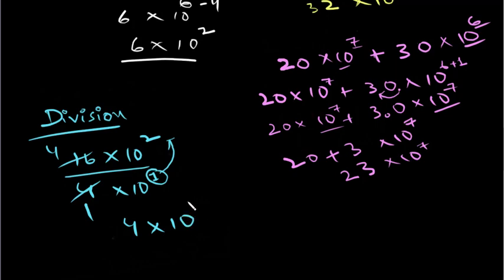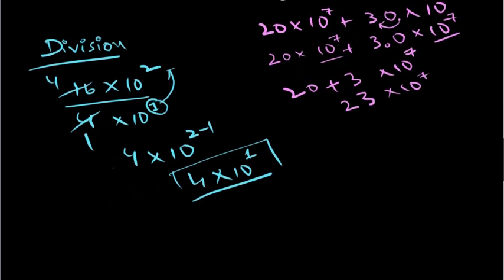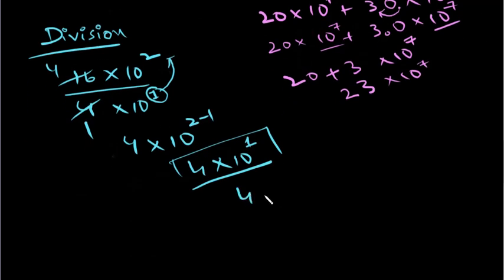So 2 minus 1, so the value will be 4 exponential 10 to the power 1. That is our answer. Now we can write the same answer as 400. Am I right? No, I'm not right. I just have to add 1 zero.